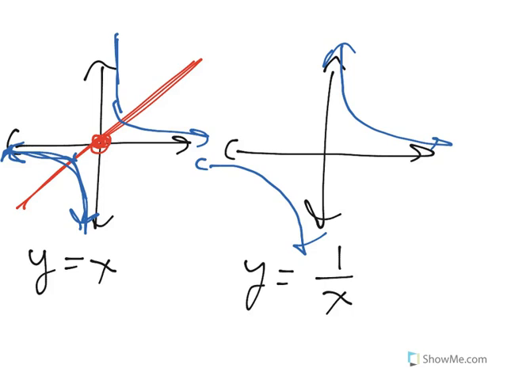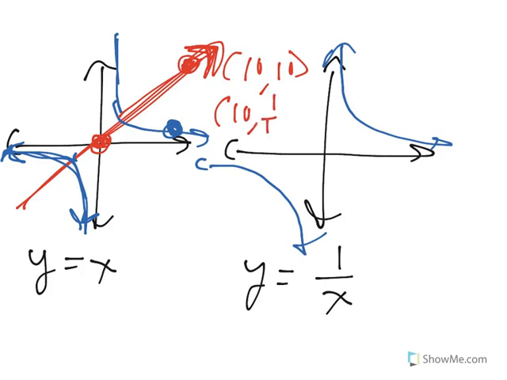not a defined number. But another thing to notice is that as the y values get larger on the red, the blue values get closer to 0, because if this is, let's say, 10, this point would be 10, 1/10. So it gets closer to 0, and you actually end up with this horizontal asymptote.